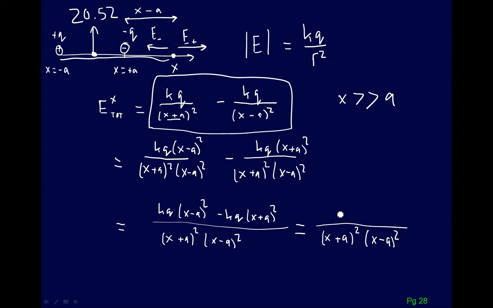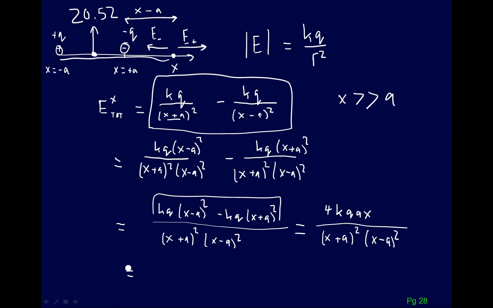And then upstairs, you'll find that there's a lot of things that cancel out. And what gets left over is there'll be a 4kqa times x. So again, that's by expanding that out here. Okay, and so it's really important to go through and do that, but now you have this.